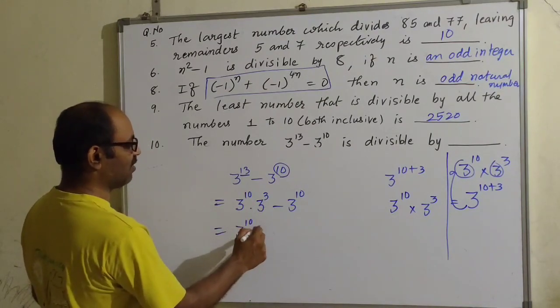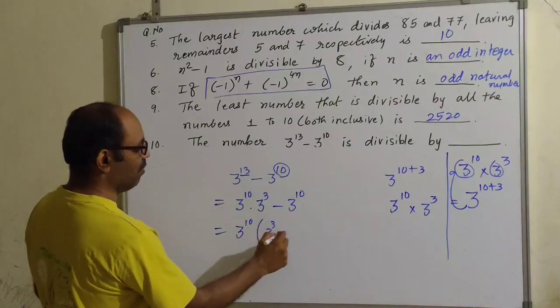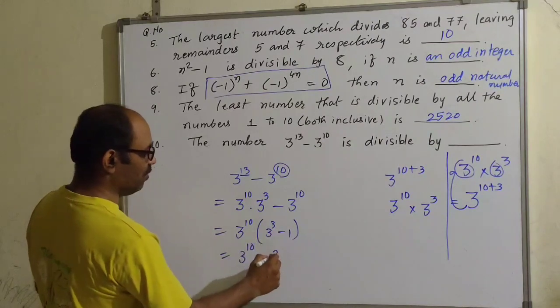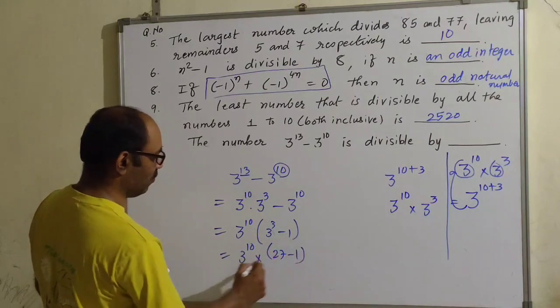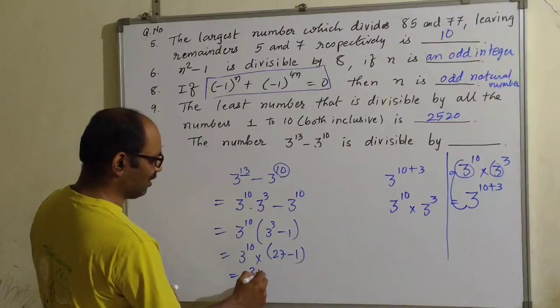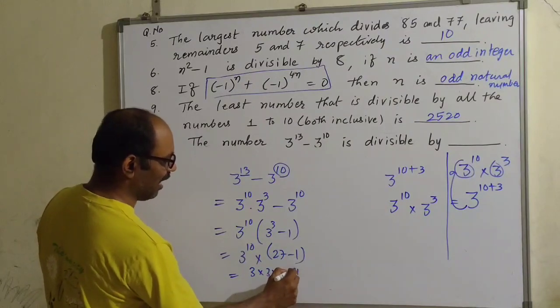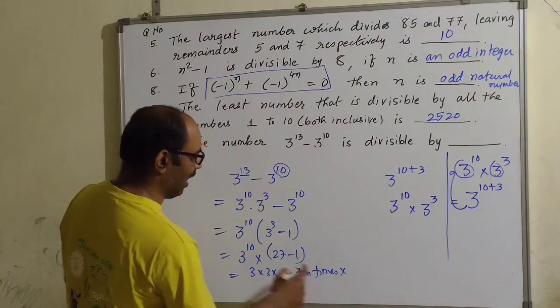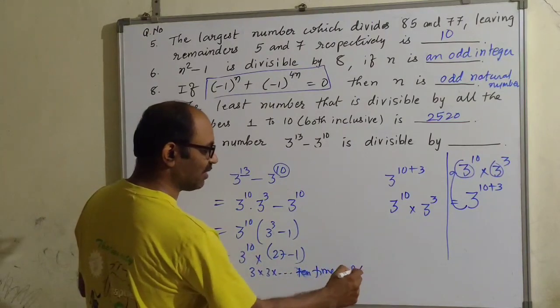So 3 raised to 10 is common. 3 raised to 10 into 3 cube minus 1, that is 27 minus 1. 3 raised to 10 means 3 into 3 into 3, 10 times. Correct? 3 is multiplied with itself 10 times. And this is 26.